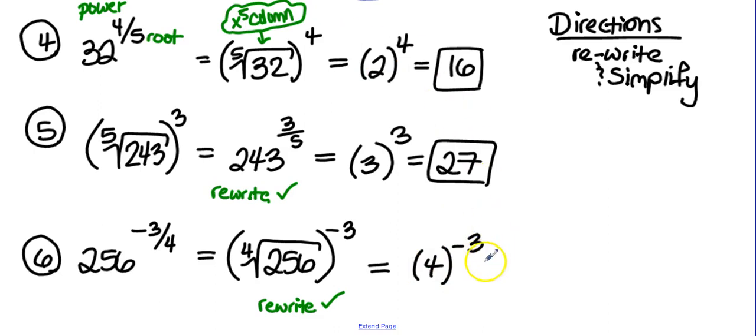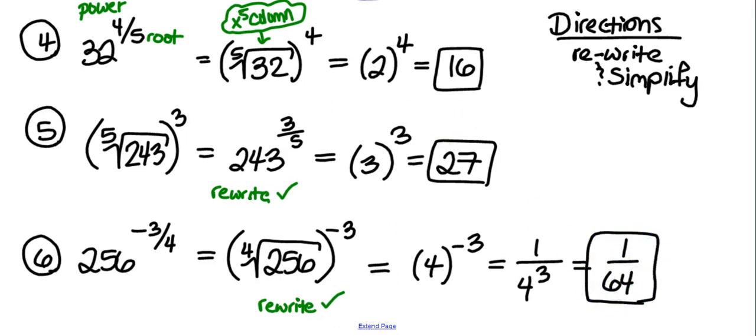From our practice with exponent properties, we know that this needs to move to the denominator so that we do not have a negative exponent. And then you can either use your chart or your calculator or your brain to know that 4 to the 3rd is 64. So I can write this as 1/64. Again, because 4 times 4 times 4 is 64.